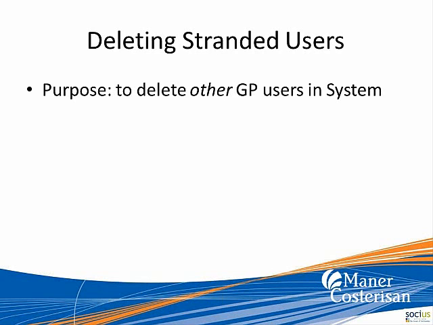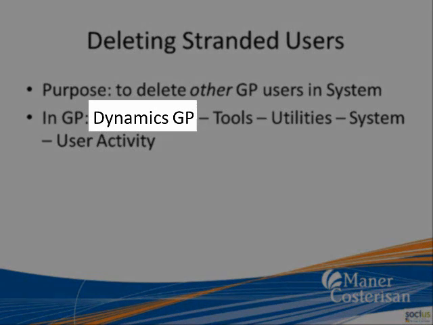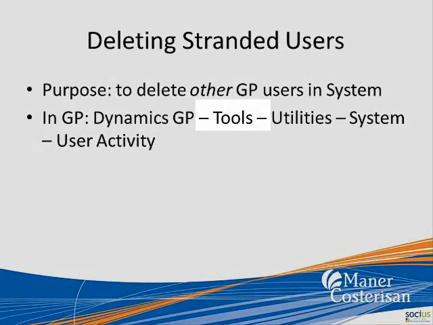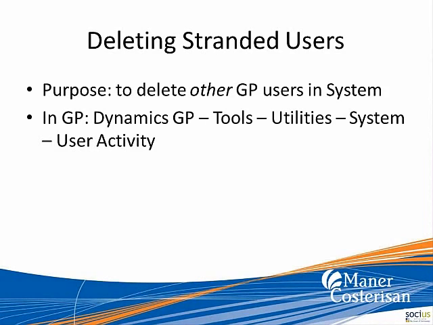So it's important to get other people out of the system, and this is what we're going to talk about. In GP, this is where you can access what's called User Activity. I'll show you in a second. It's in Dynamics GP under Tools, under Utilities, under System, and it is called User Activity.